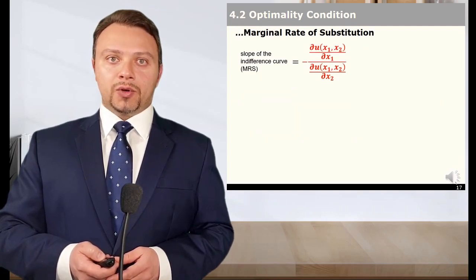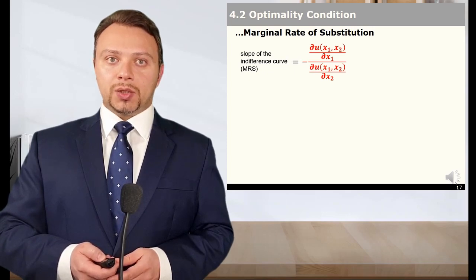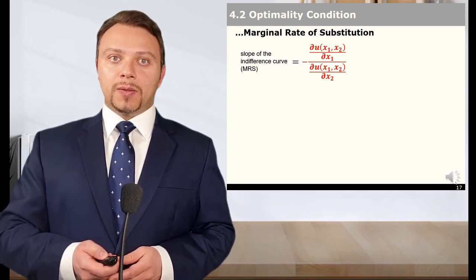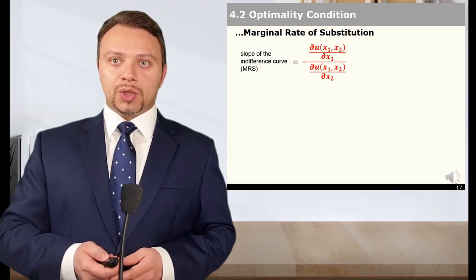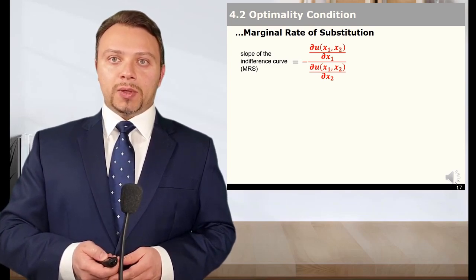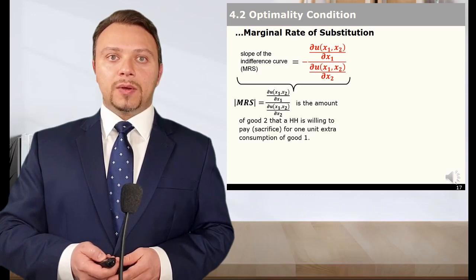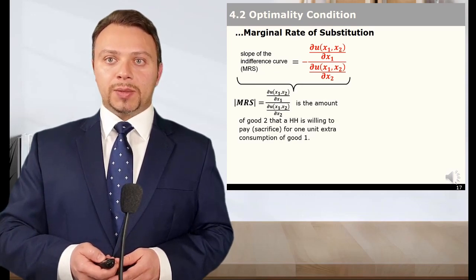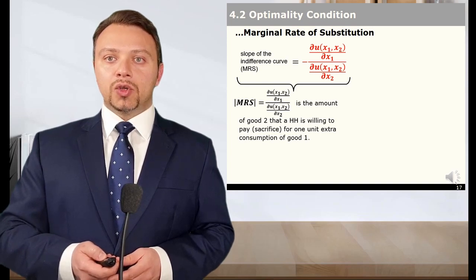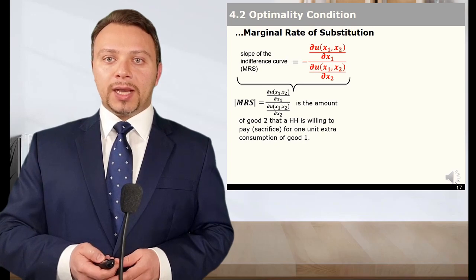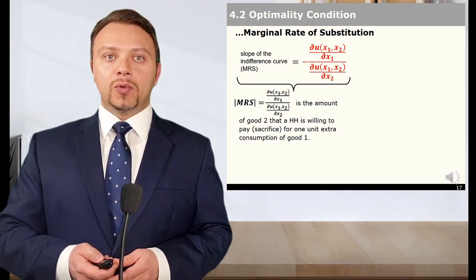Another possibility of interpreting it is to consider increasing a certain good and what will be the effect on the other good's consumption. So the slope of the indifference curve is still the marginal rate of substitution, and the absolute value of the marginal rate of substitution is the amount of good 2 that a household is willing to pay for 1 extra unit consumption of good 1.